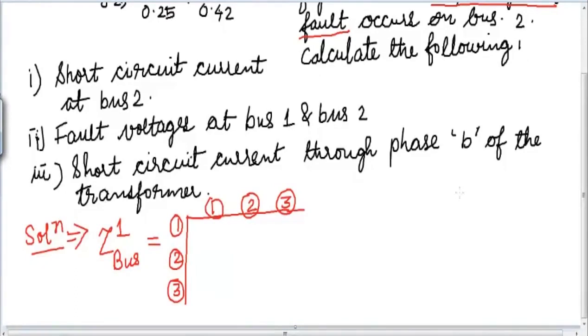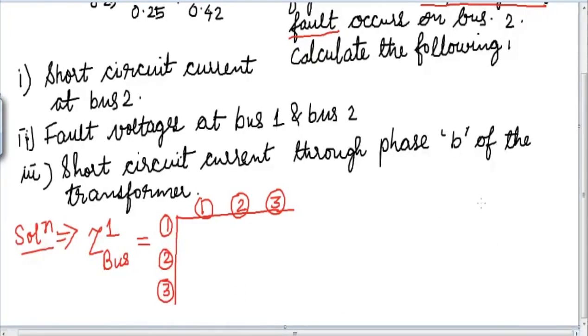Then we have to identify branch and link, and then add the elements one by one. If it is a branch, use the formula for branch. If it is a link, use the formula for link, and then complete all the steps and find out the ZBus. So what I will do here, I will make the graph for you.